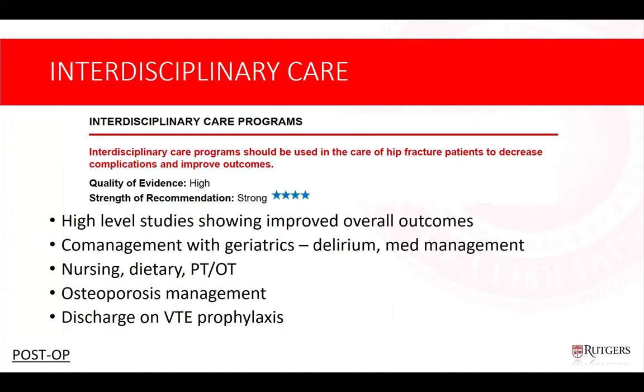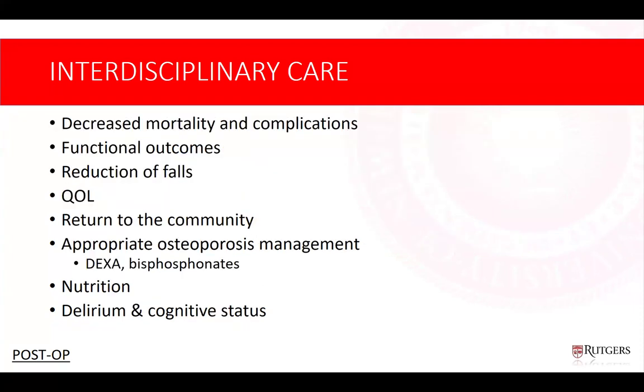Interdisciplinary care has been really big in the world of hip fracture protocols and care. There are many high-level studies showing that it improves overall outcomes, and it includes co-management with geriatrics in terms of preventing delirium and medication management, as well as interdisciplinary care with nursing, dietary, PT/OT, management of osteoporosis, and discharging patients on VTE prophylaxis.